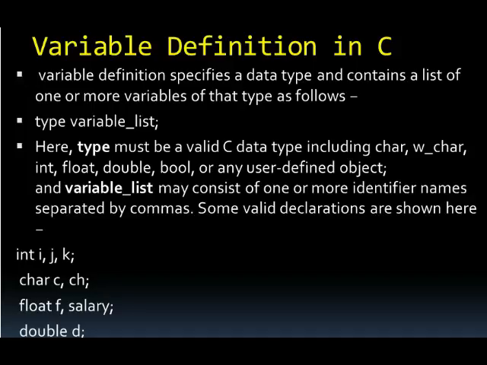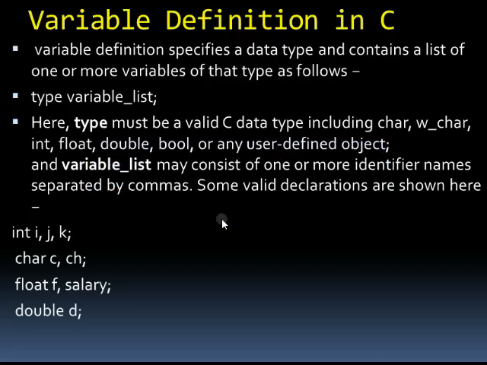And double d. Here, int i, j, k declares and defines the variables i, j and k. This is how a variable is declared. Next we'll see how it is initialized.